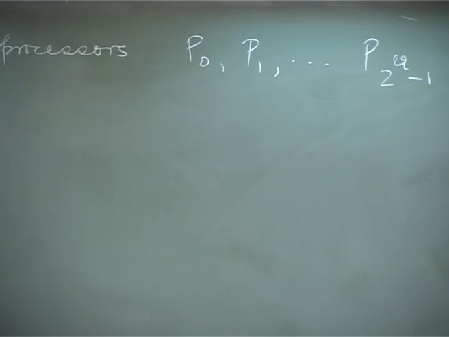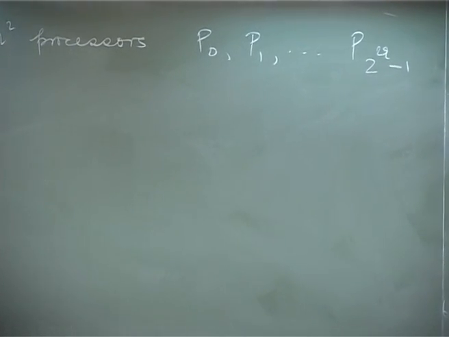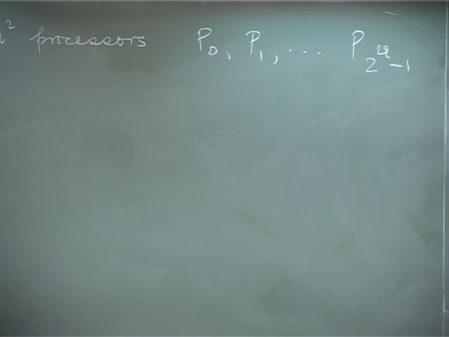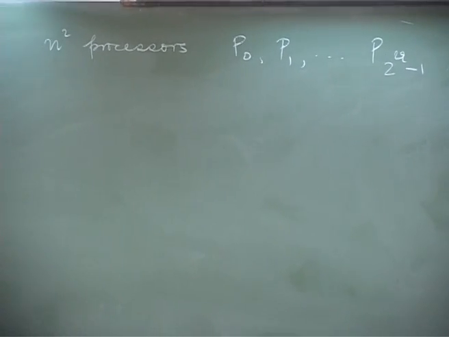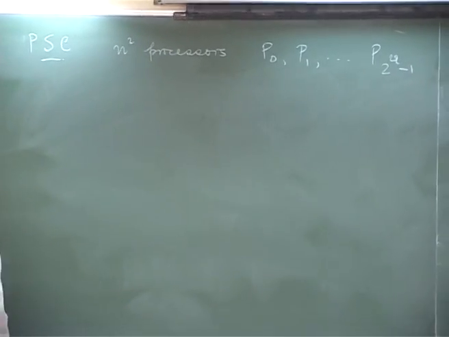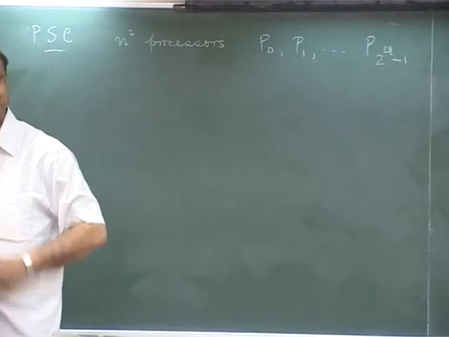We assume in the perfect shuffle that there is a power of 2 number of processors, and you remember that it has three connections: one is exchange, another is shuffle connection, and unshuffle connection. And you have n square elements. Each processor contains one element.